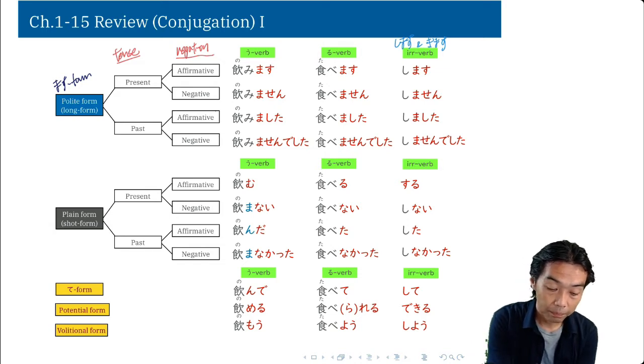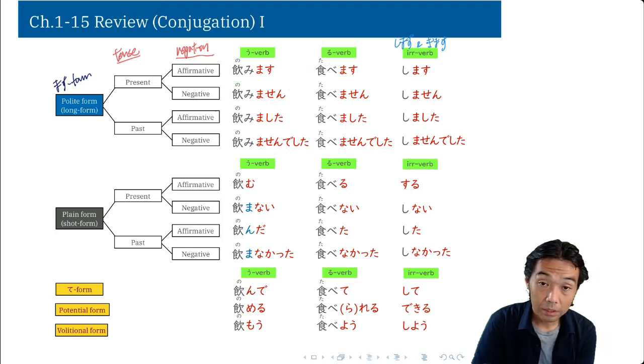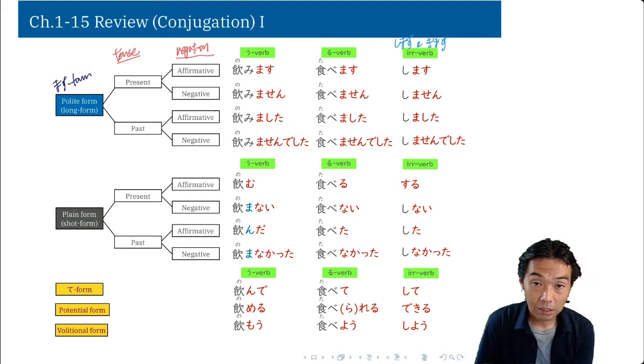The stem is the one in the dark color here. The stem is the place that does not change in conjugation. So no matter what kind of form it takes, the stem won't change.